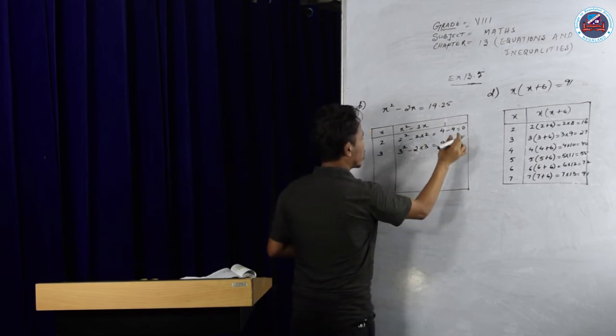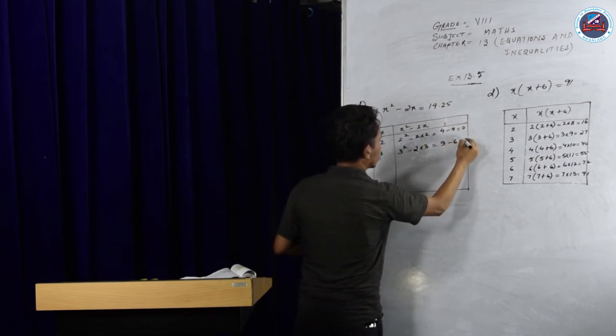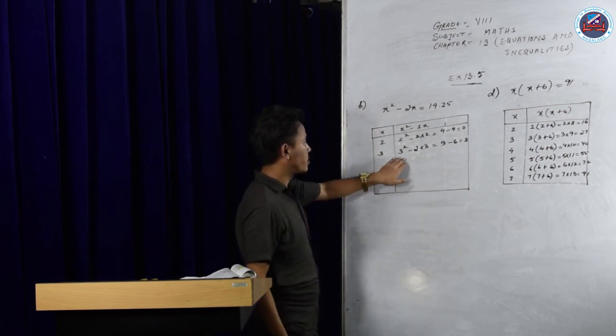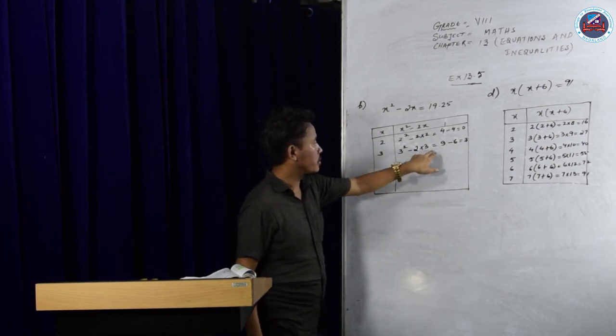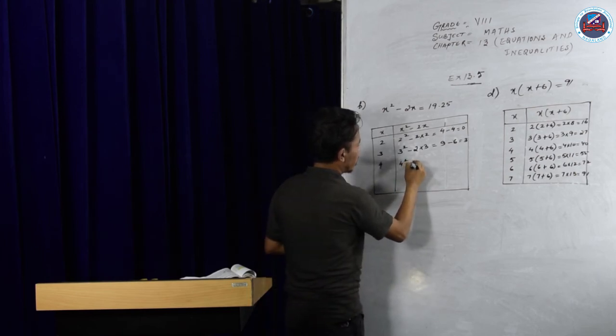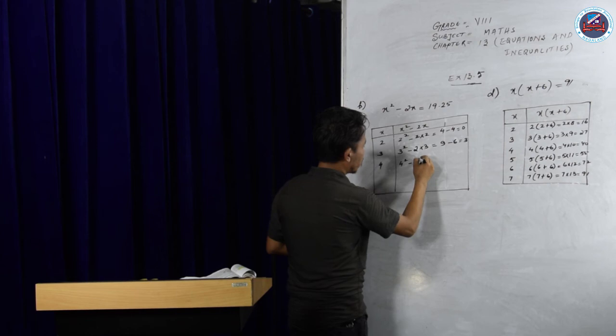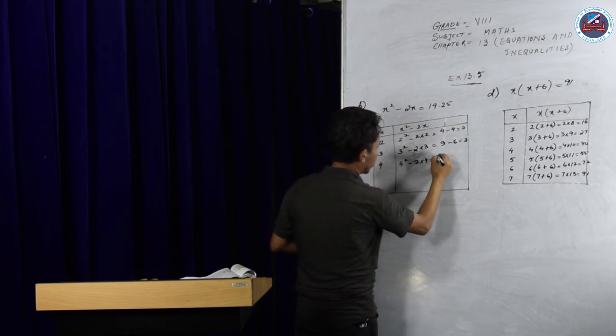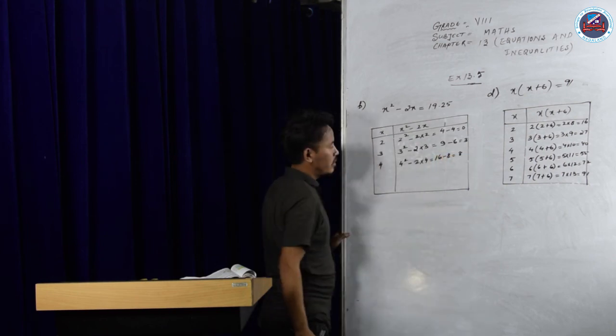That is 9 minus 6, and I get 3. Right. 3 squared is 9 minus 2 into 3 is 6. Next, 4. 4 squared minus 2 into 4. I get 16 minus 8, and the answer is 8.